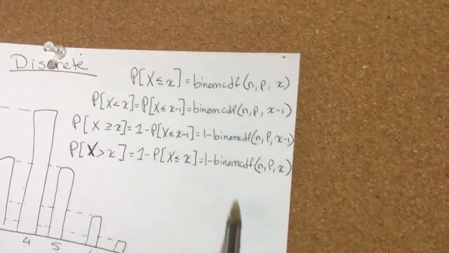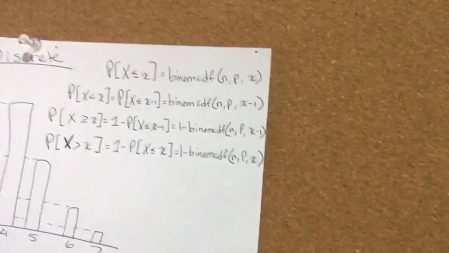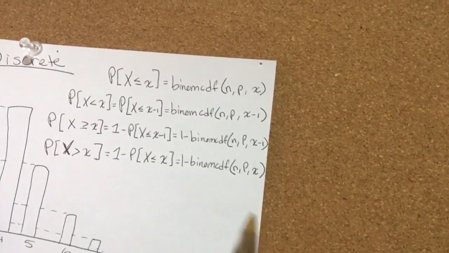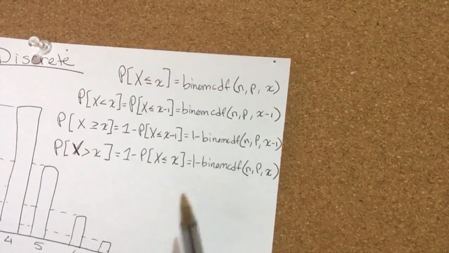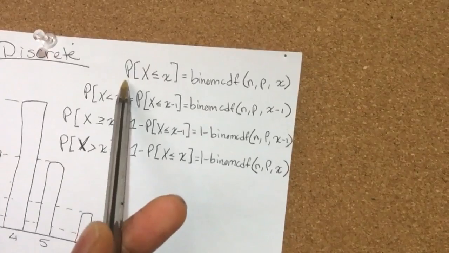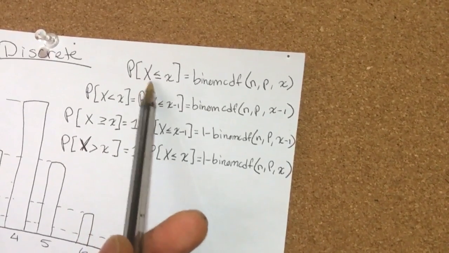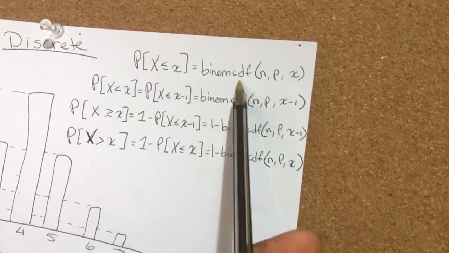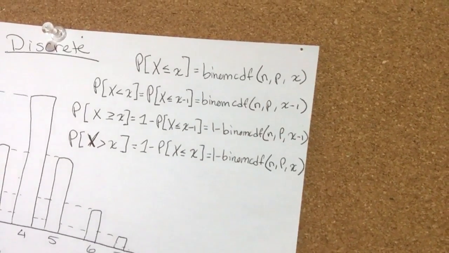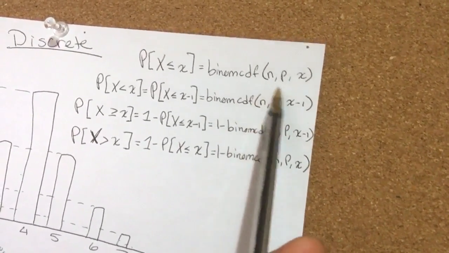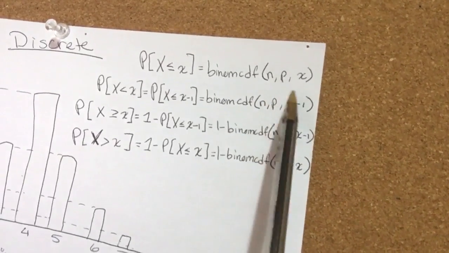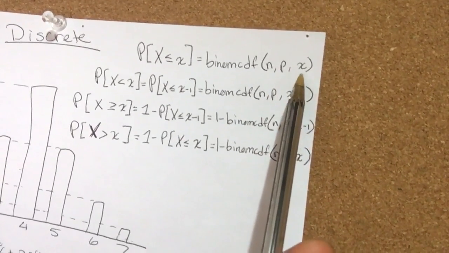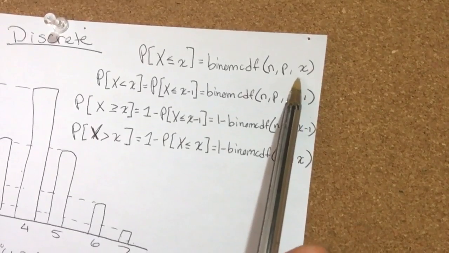And to list everything, you should probably take a screenshot of this. So for binom CDF, to put it in your calculator, the probability that capital X is less than or equal to lowercase x is simply binom CDF of n, which is the amount of trials you're doing, p, which is the probability of a success, and x, which is the amount of successes you're looking for.